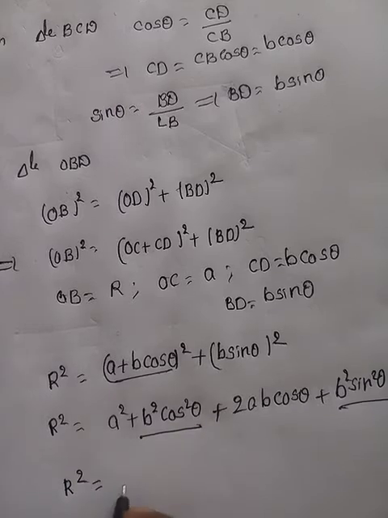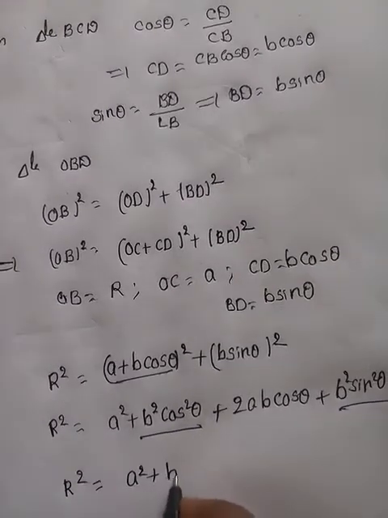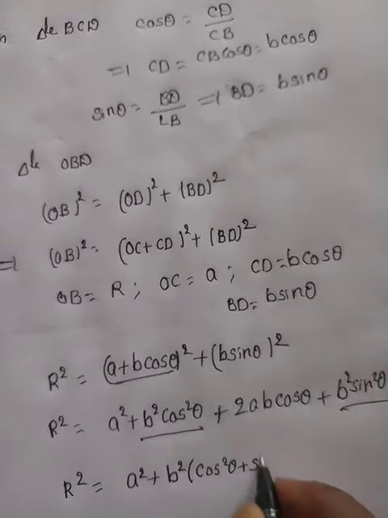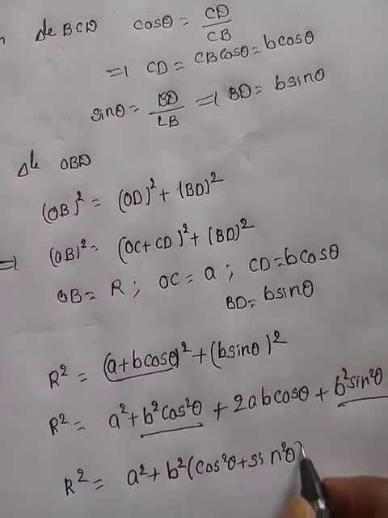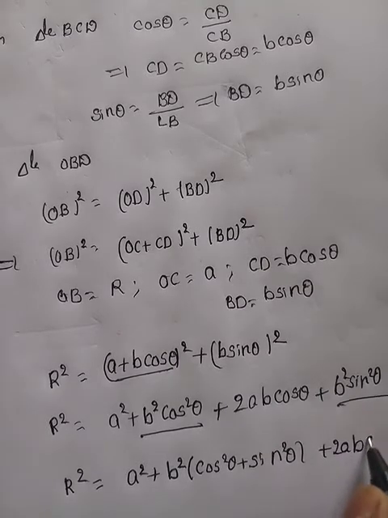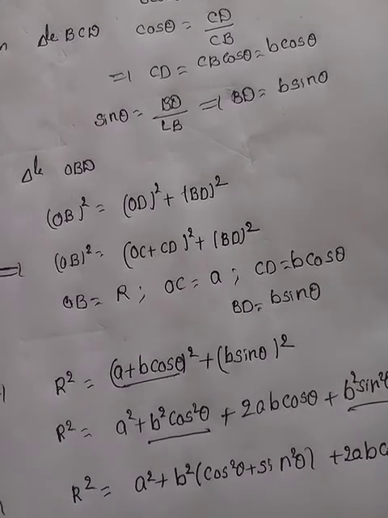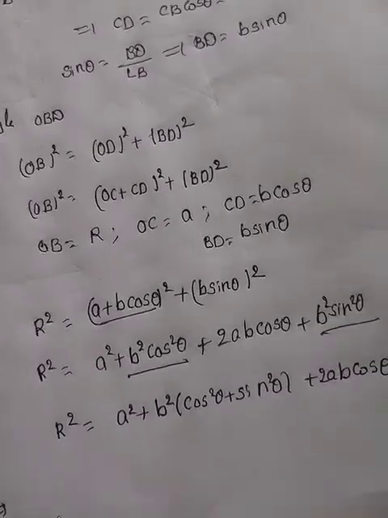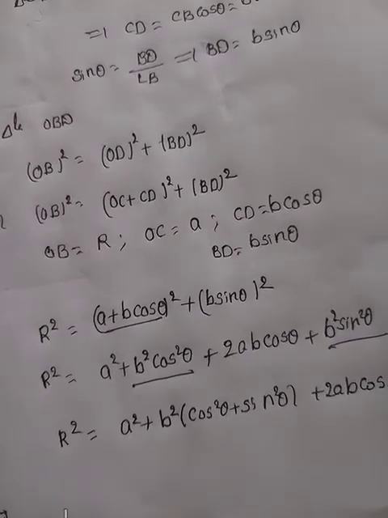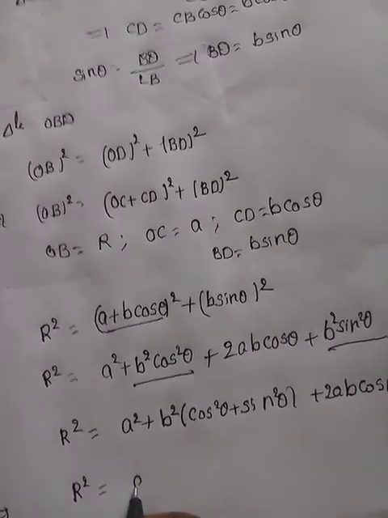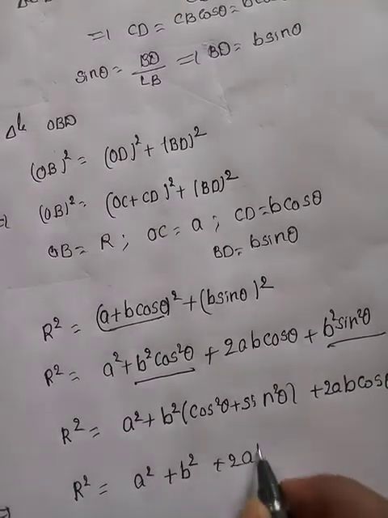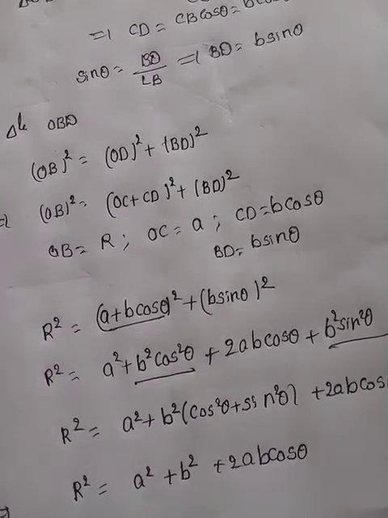R square is equal to A square plus, if you take B square common, what do you get? Cos square theta plus sin square theta, plus 2AB cos theta. What is cos square theta plus sin square theta? 1. So, we got the resultant finally as R square is equal to A square plus B square plus 2AB cos theta. That is it. We got the magnitude of the resultant vector.